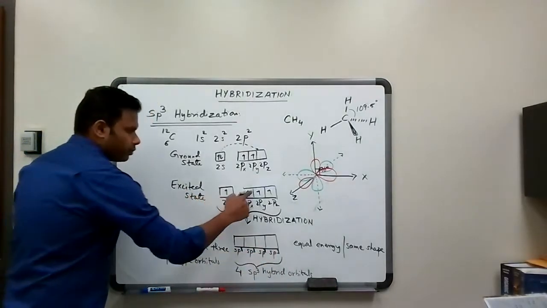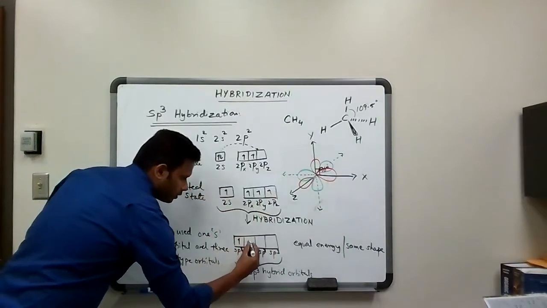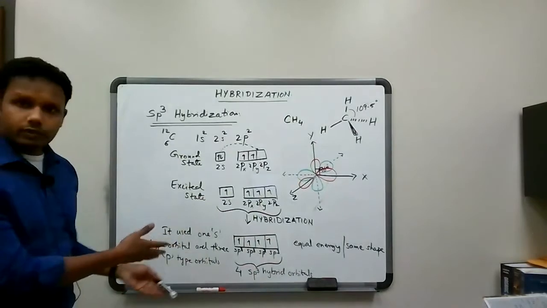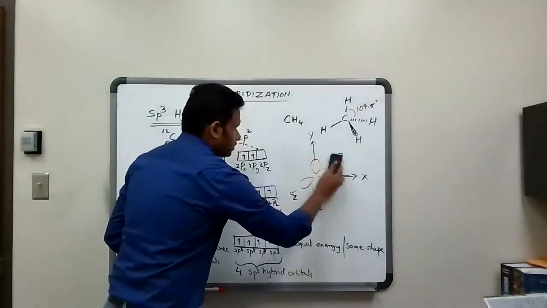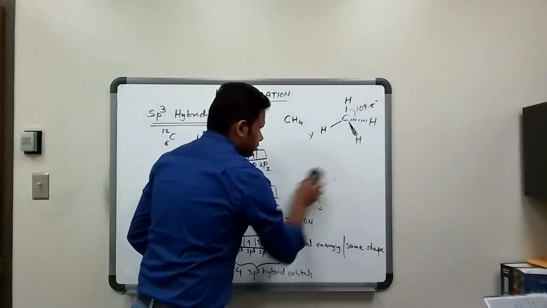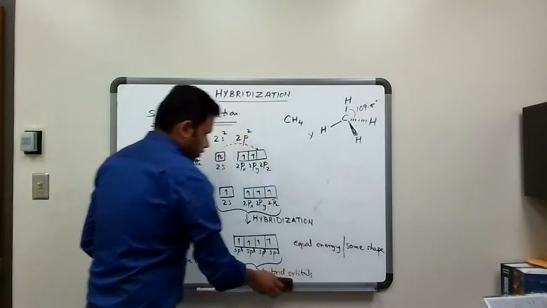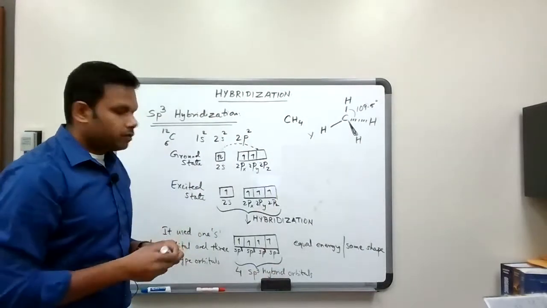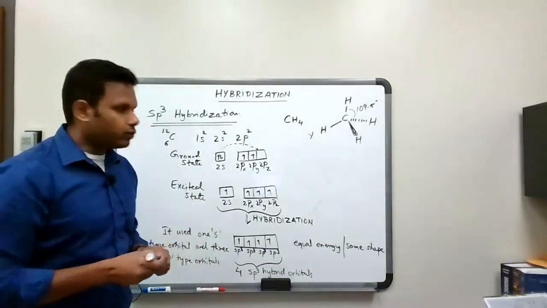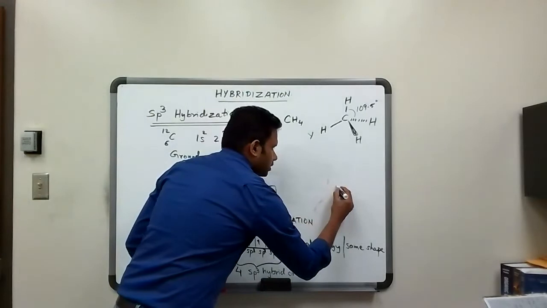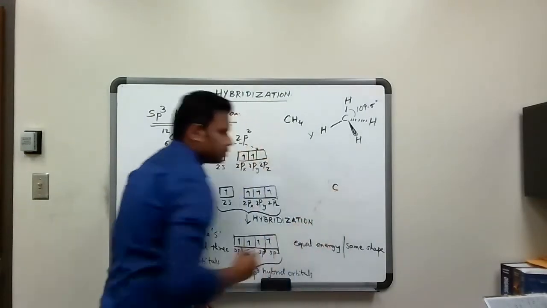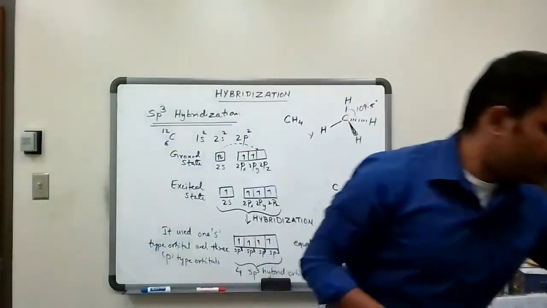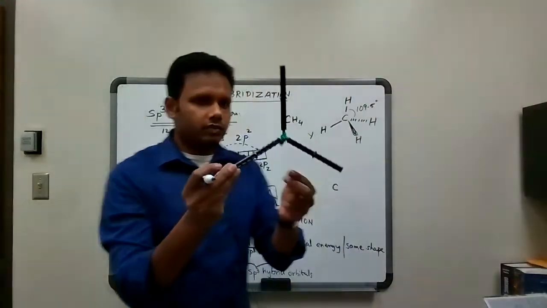And since we had 4 electrons overall, they all contain electrons. With this model, when you have 4 groups in space, the best way to arrange those 4 groups is towards the corners of a tetrahedron, which is this shape here, the one that we were looking at earlier.